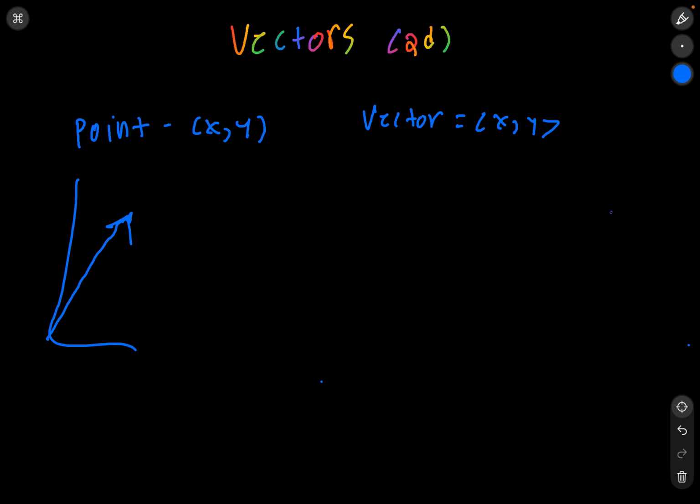So you might be wondering to yourself, what does a vector have that's so important? A vector has both direction and magnitude. Magnitude meaning the length of the vector and direction meaning where the vector is. The point, I believe, only has direction, which I think is the main difference.